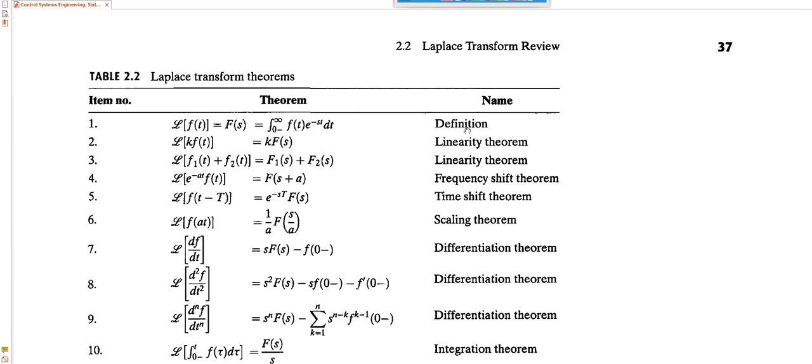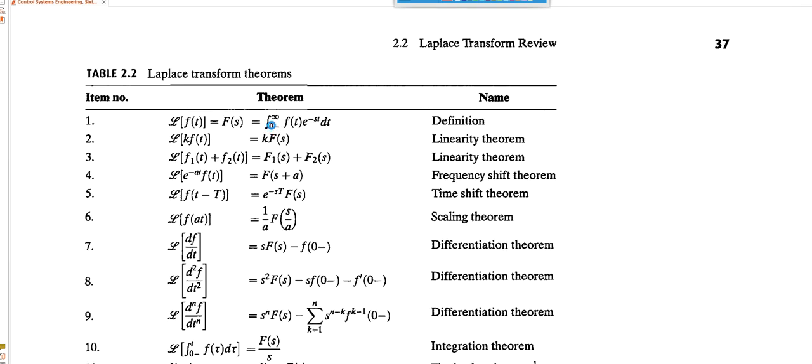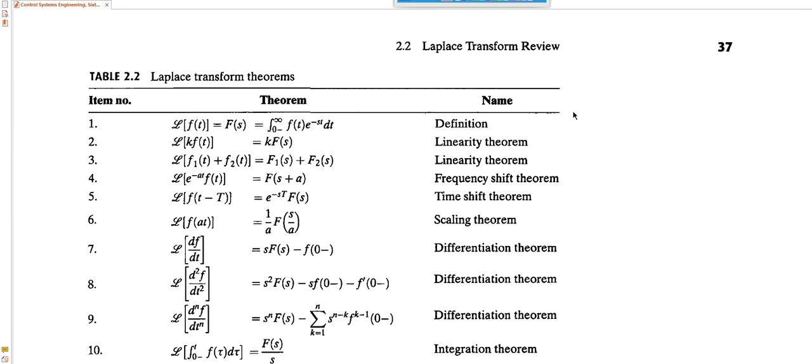Number one is the definition of the Laplace transform. If you have a function f(t), then you get the Laplace transform of f(t). The answer is F(s), and the formula is the integral from 0 to infinity of f(t) times e to the negative st dt.